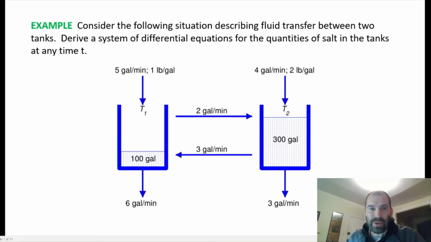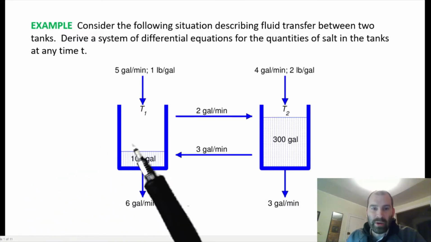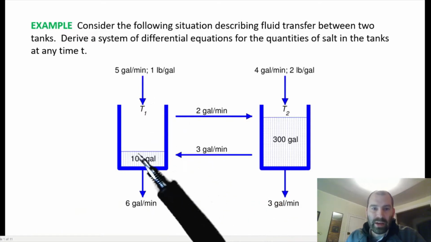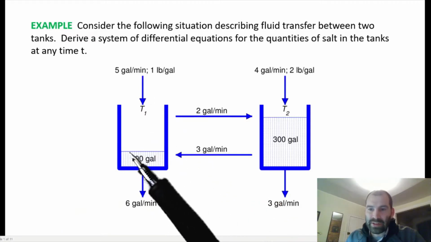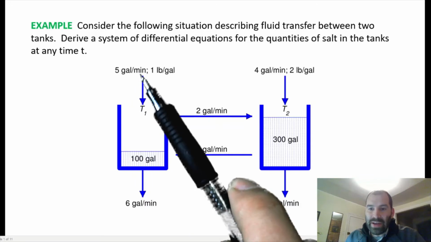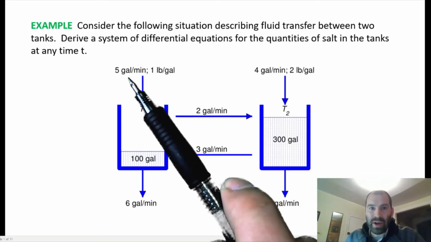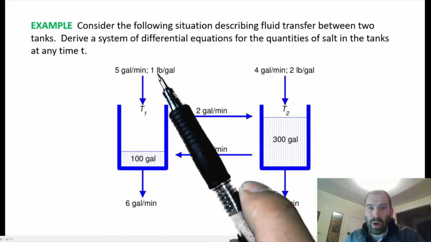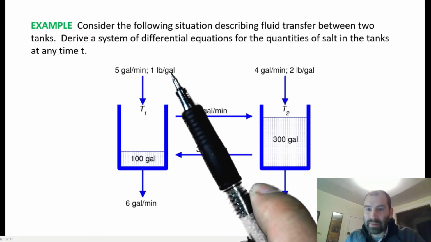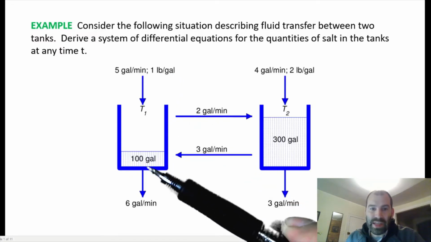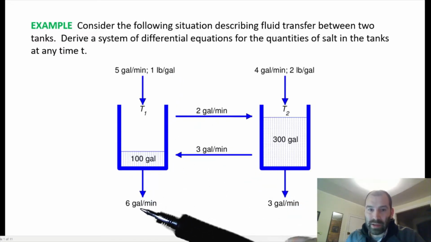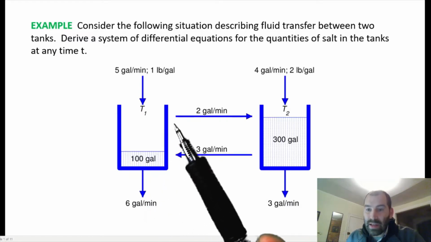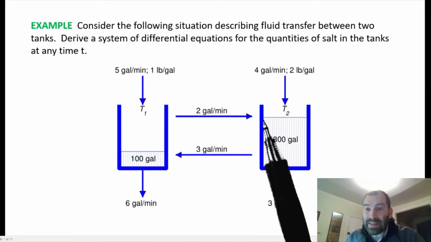So you can see what's going on here. In tank 1 over here, we've got some amount of fluid. We got 100 gallons. And fluid is entering tank 1 at 5 gallons per minute and at 1 pound of salt per gallon. And fluid is leaving tank 1 at a certain rate, and it's leaving into tank 2 at a certain rate.